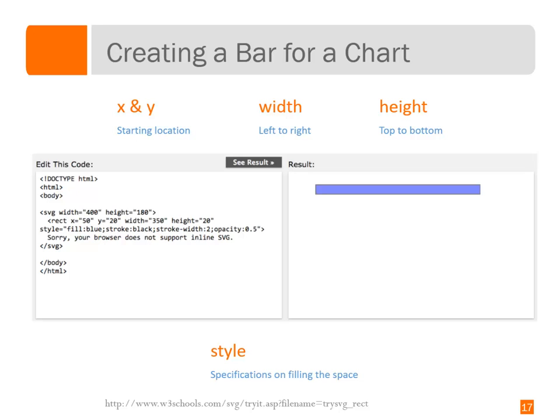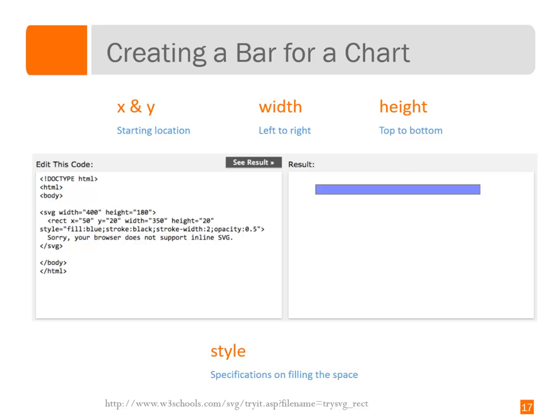And then the height, top to bottom, that's the 20. And then the style are the specifications on filling that particular space. So in the statement for the rectangle that begins with the RECT, all we've really done is specify what that shape's going to be. But without the style, it would basically be invisible. We wouldn't be able to see it.